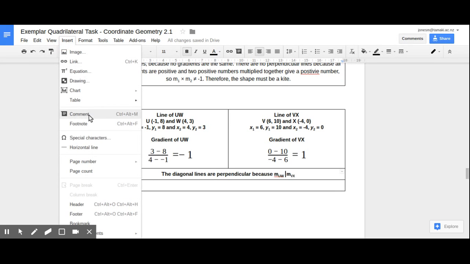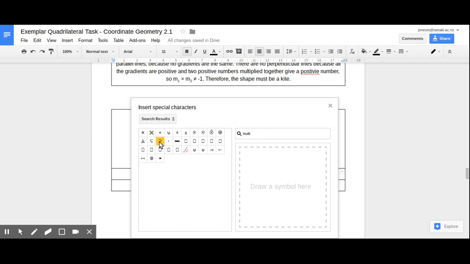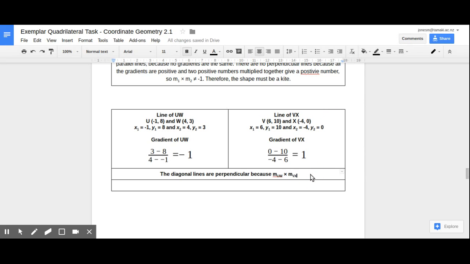So that means that when you multiply the gradients together, they are equal to -1, because -1 times 1 is equal to -1. So the gradients of the lines multiplied together being -1 means the lines are perpendicular.